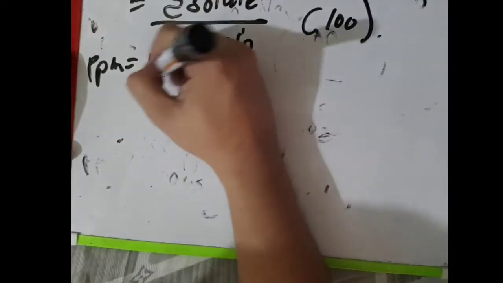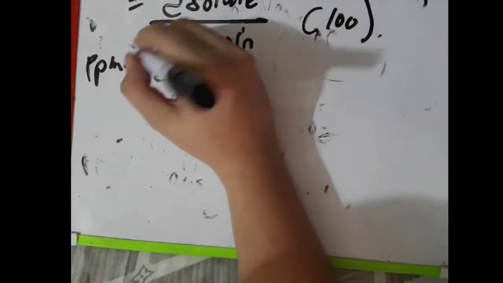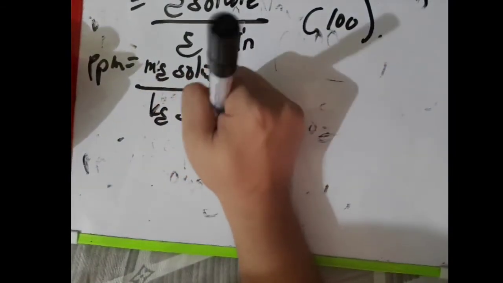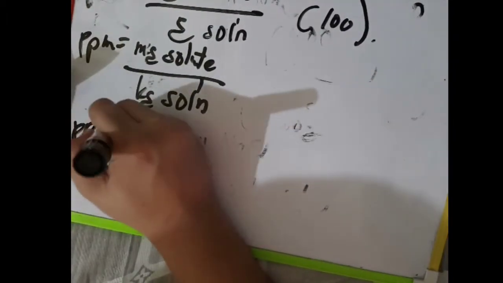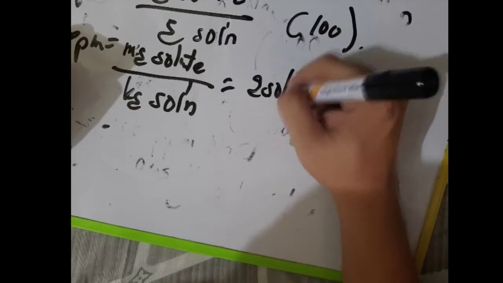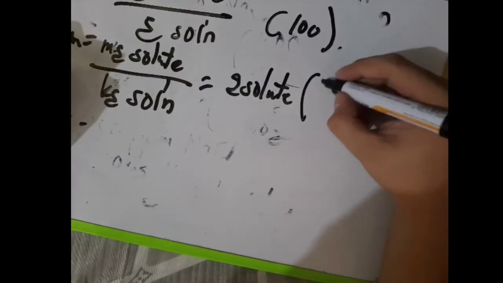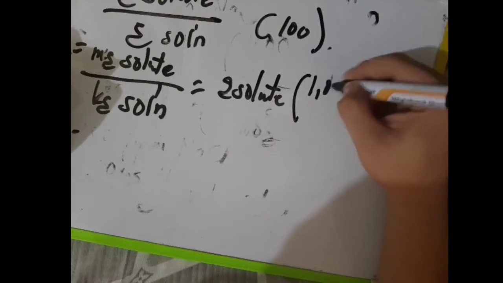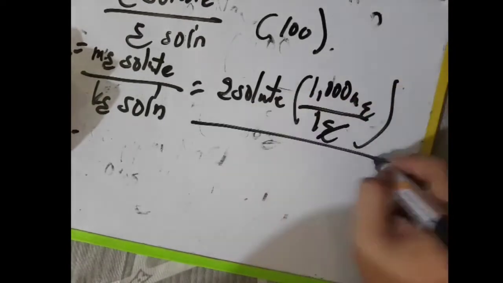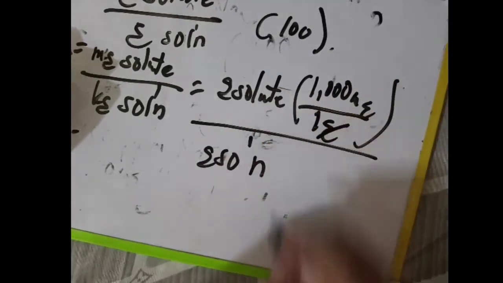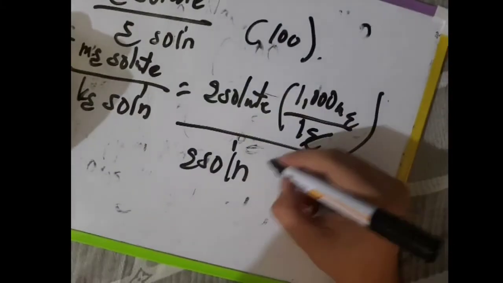Since ppm is milligrams of solute per kilogram of solution, ppm is also equal to the grams of solute converted to milligrams over the grams of solution converted to kilograms.